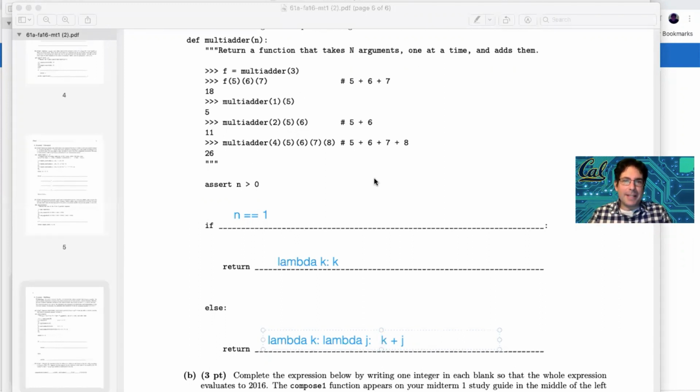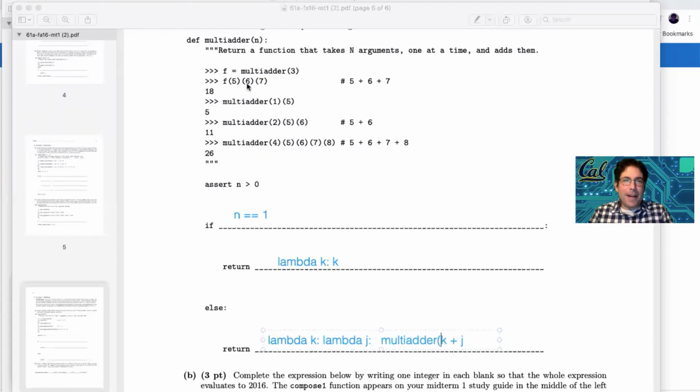One way to do that is to say that adding 5 and 6 and 7 together is the same as adding 11 and 7 together. That was the insight in this problem that you'd have to discover in order to solve it. So you could make this 11, but then you'd still have to add all the other stuff. Now, what might that look like? Well, if we want to create a function that takes more arguments, then I think we would need to call multiadder.